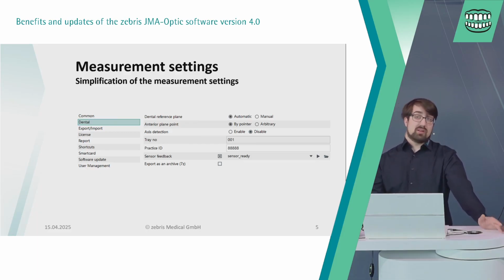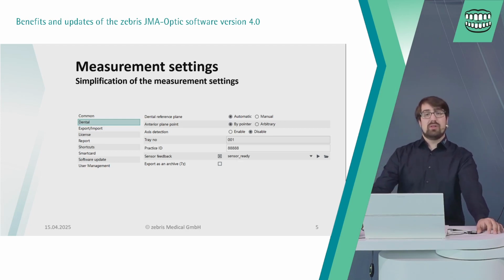For the axis detection, on the other hand, you can choose how you want to measure the condyle position. By default, now it is the SIBO. When you enable this, you can again choose between the SIBO, the hinge axis, and the kinematic axis.